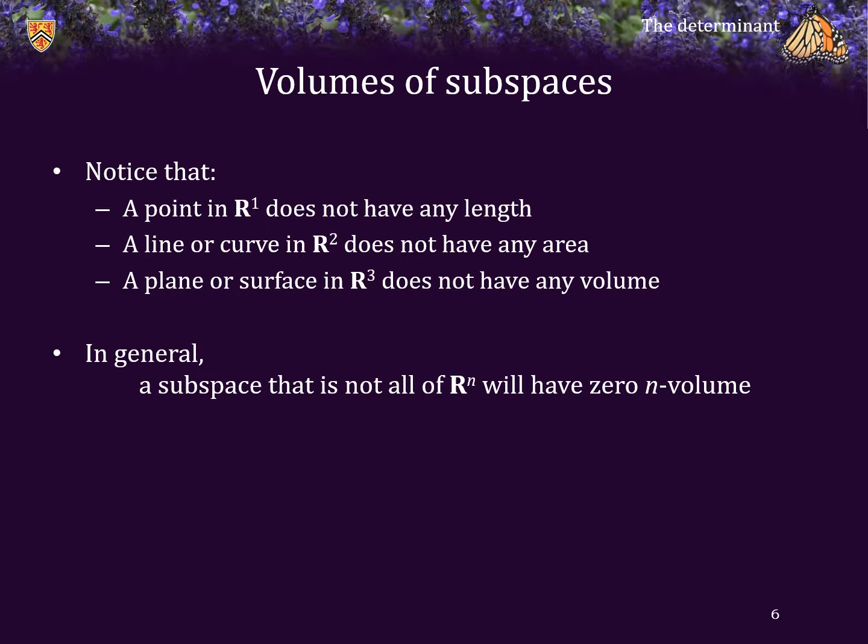A plane or surface, or a line or a curve in R3, also does not contain any volume. So in general, a subspace that is not all of R^n will have 0 n-volume.